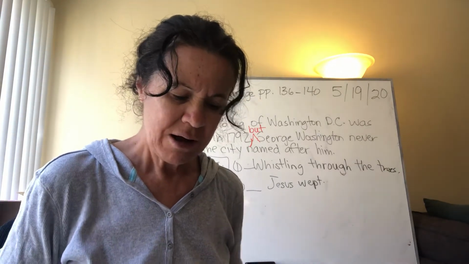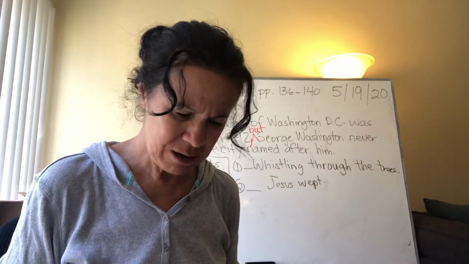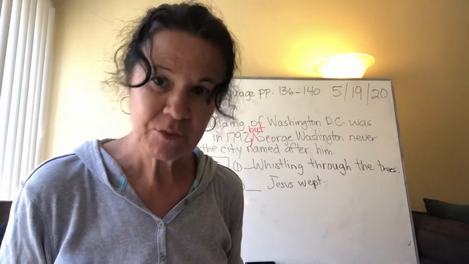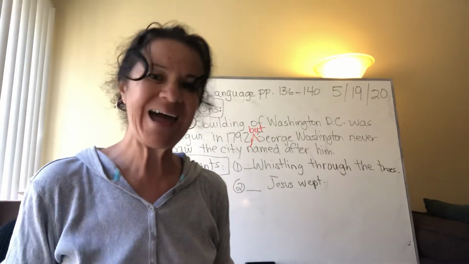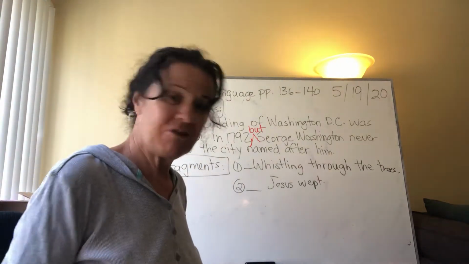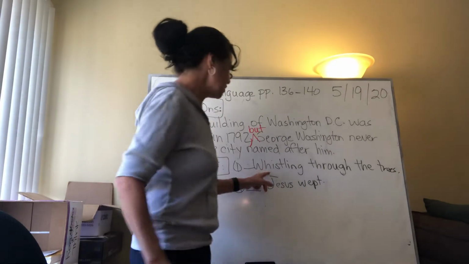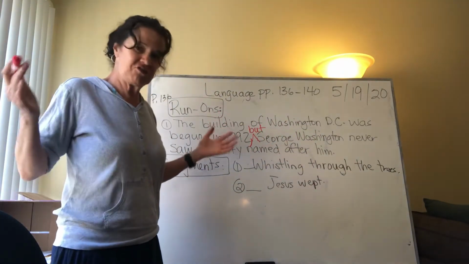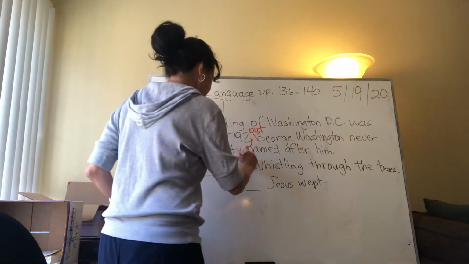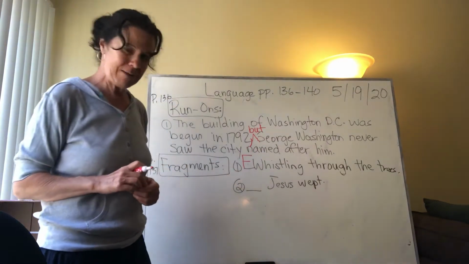So for Think A, what you do is, if it's a fragment, you put an F in the blank. If it's a sentence, you put an S in the blank. So I have the first two here. It says "whistling through the trees." Who or what is whistling through the trees? There's no subject. So this is a fragment, so I put an F for fragment.